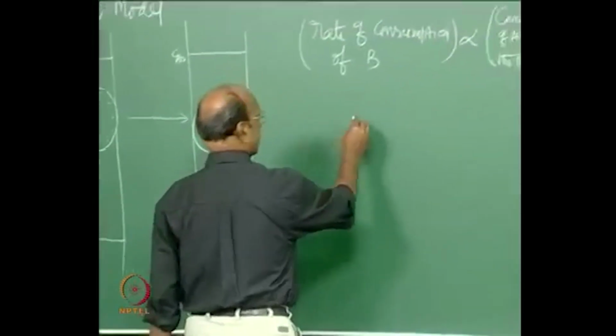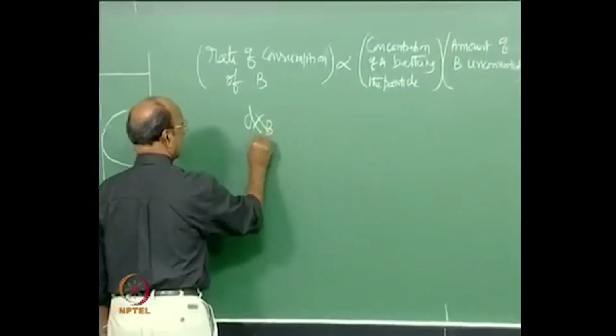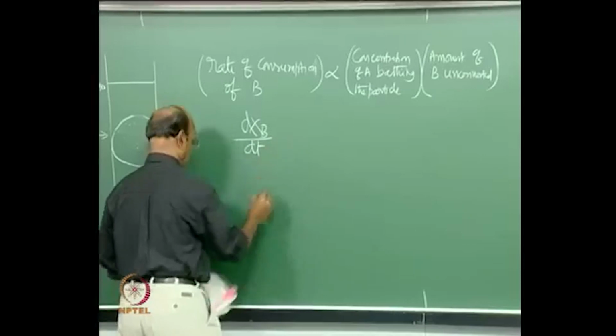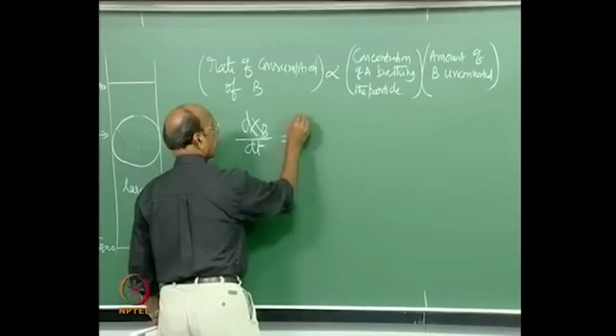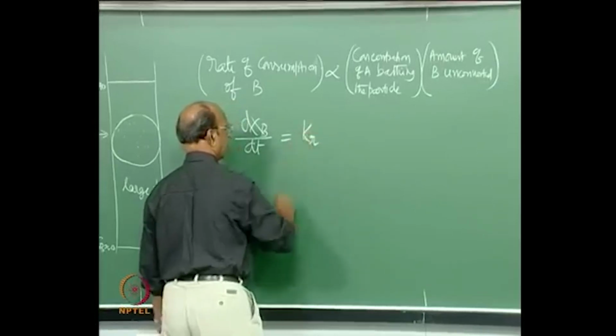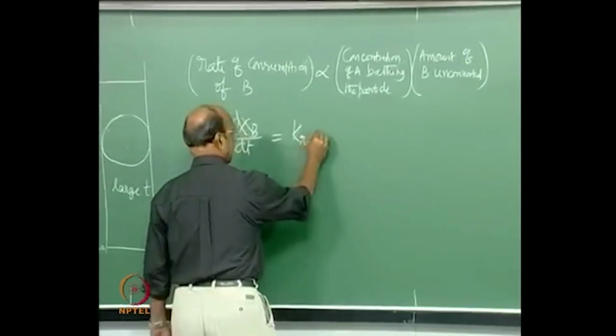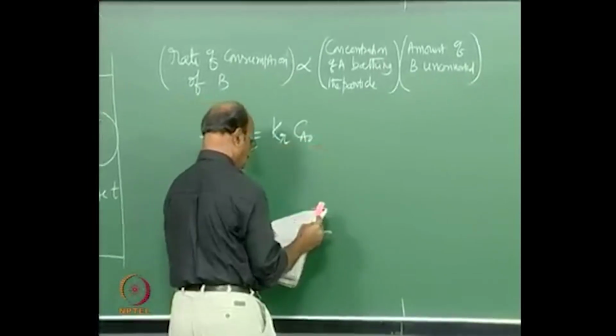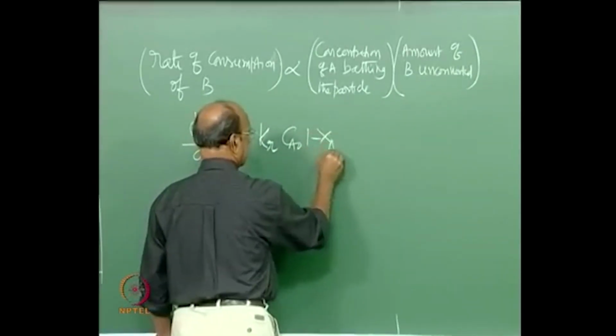So if I write this one as the change, dXb by dt is this proportionality constant, I will write something Kr, reaction rate, and Ca naught, which is constant throughout, and 1 minus Xa, sorry, 1 minus Xb.